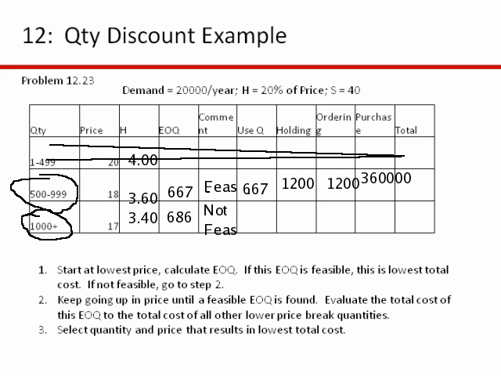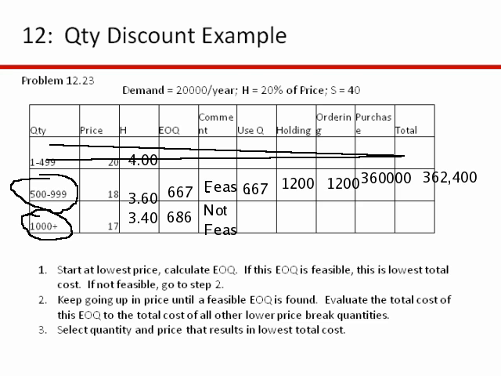And our total is the $360,000 plus the $2,400, so our total cost is $362,400. I'm going to put that right here. So the total cost for the $18 price is $1,200 in holding, $1,200 in ordering, and the $360,000 purchase cost gives us a $362,400 total cost.